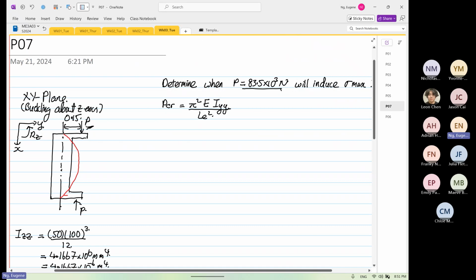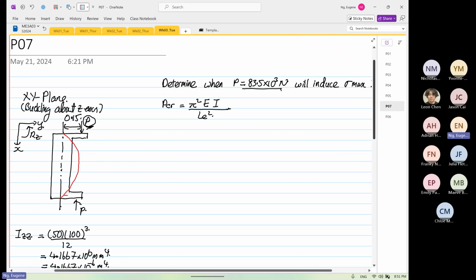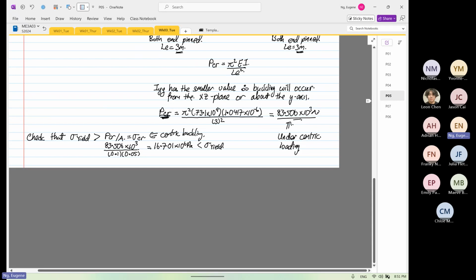So now we replace the PCR by P, which is 83.5. And now we have to find a different PCR because buckling now occurs about, not IYY, I do apologize, the IZZ axis. So for the IZZ axis, we know that this is pi squared, and E is still the same. What is our value for E? E is 73.1.